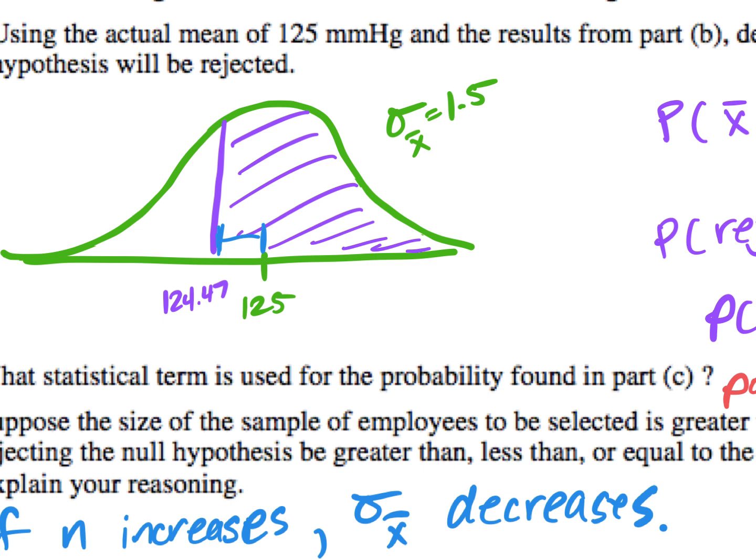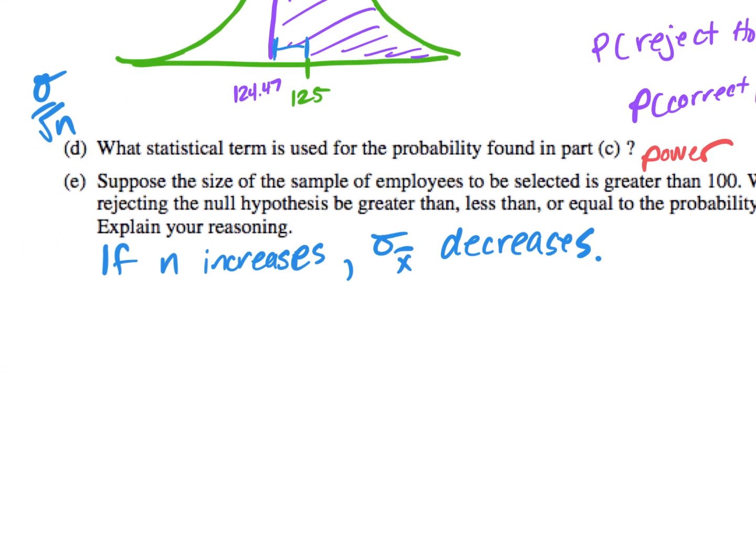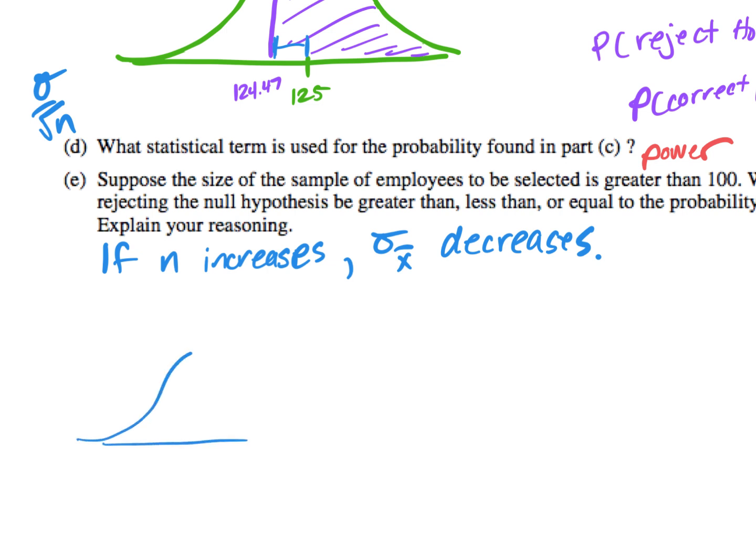If my standard deviation decreased, all of a sudden that distance is more standard deviations below the mean. Everybody good? What if my new standard deviation was 0.5?